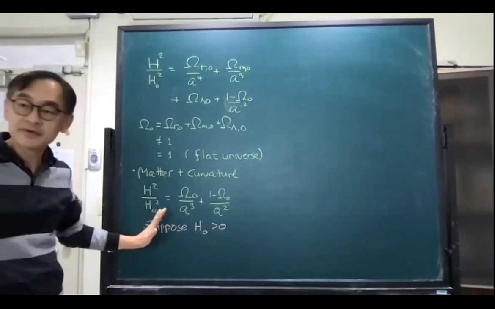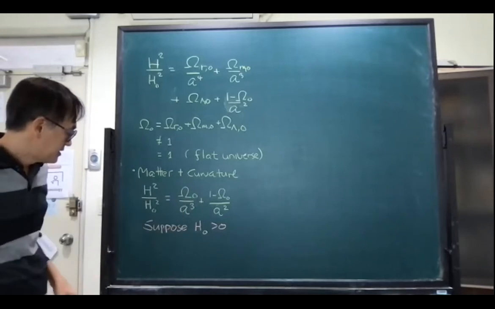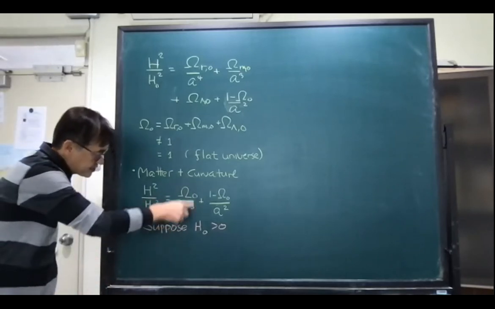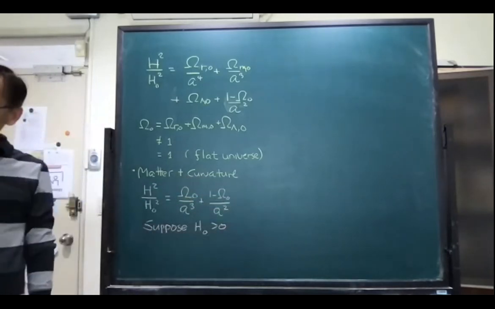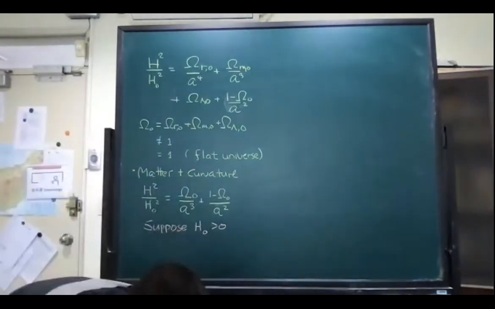Then what's going to happen later on? That depends on the relative sign of these terms. First of all, this term is always positive. So depending on the value of the second term, the fate of this particular universe will change.